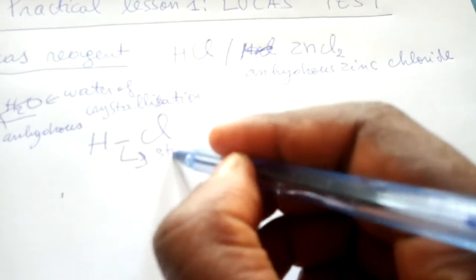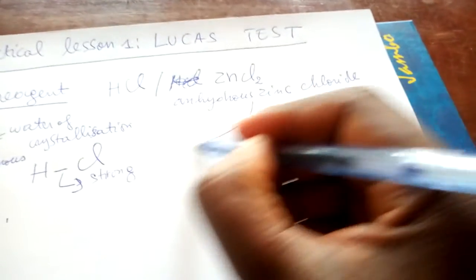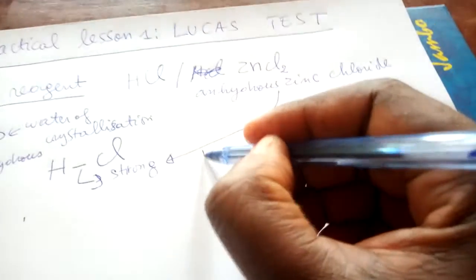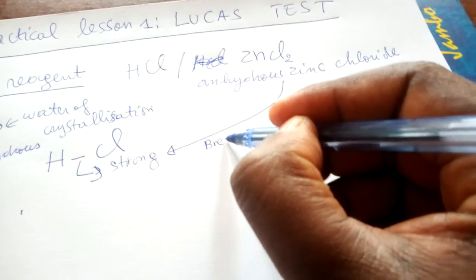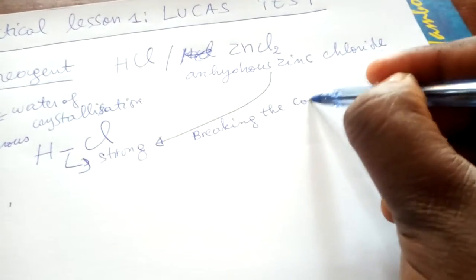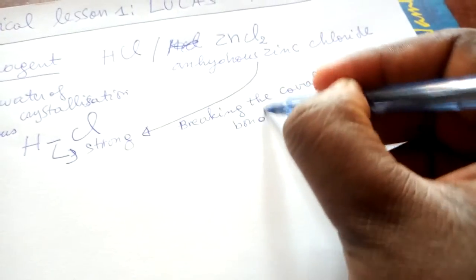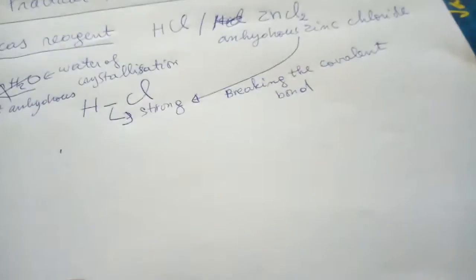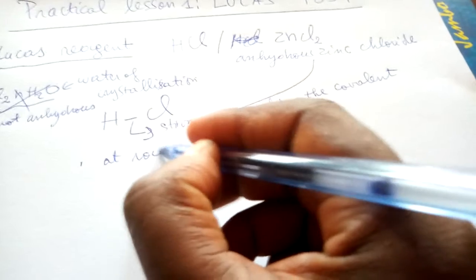It is strong, and this anhydrous zinc chloride can help in breaking the covalent bonds when we are transforming alcohol into alkyl halides. This happens at room temperature.